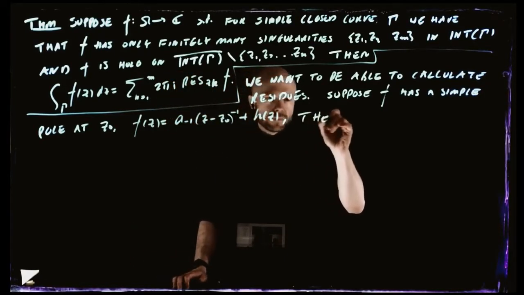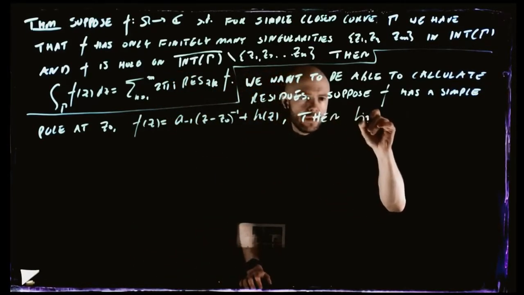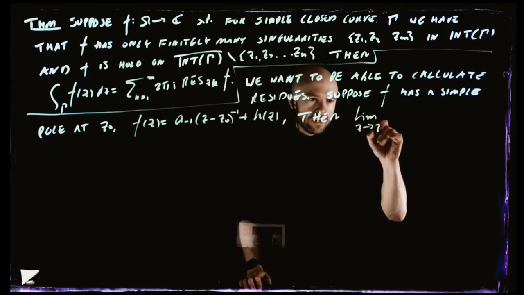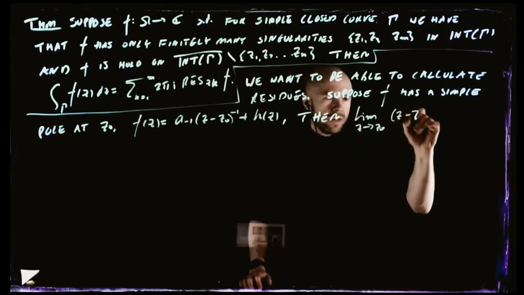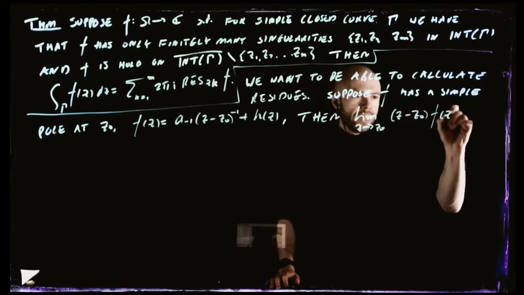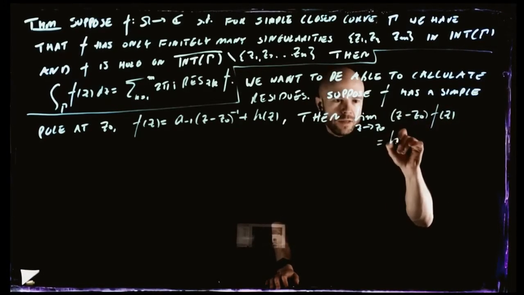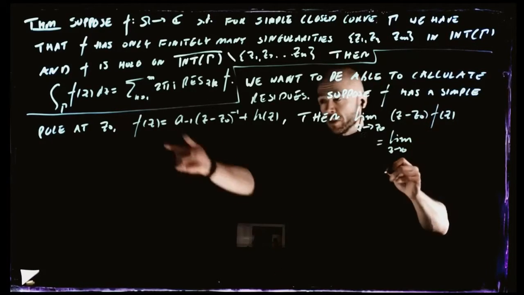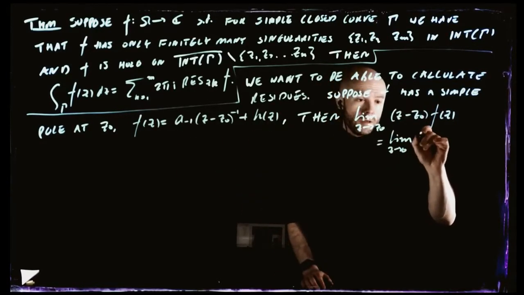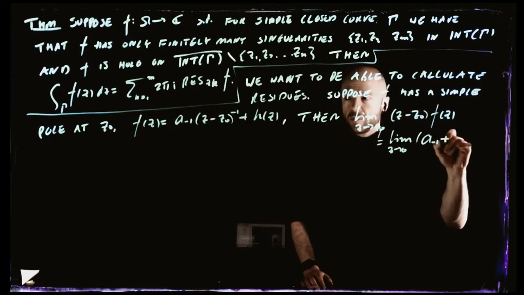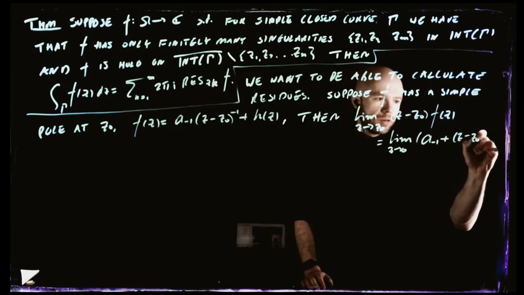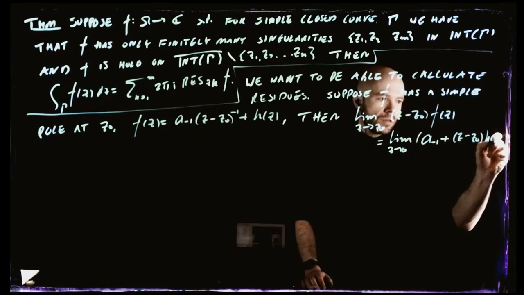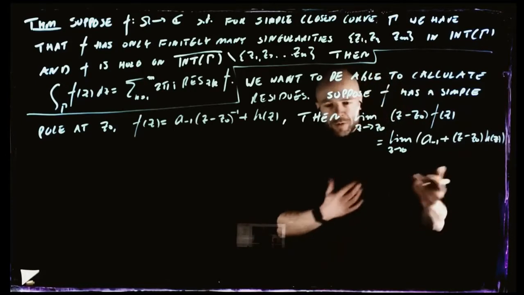Then, if we just look at this, let's take the limit as z goes to z0 of (z minus z0) times f(z). What happens to this? This is the limit as z goes to z0 of, just multiplying this thing through, a_{-1} plus (z minus z0) h(z). h is a perfectly nice holomorphic function.